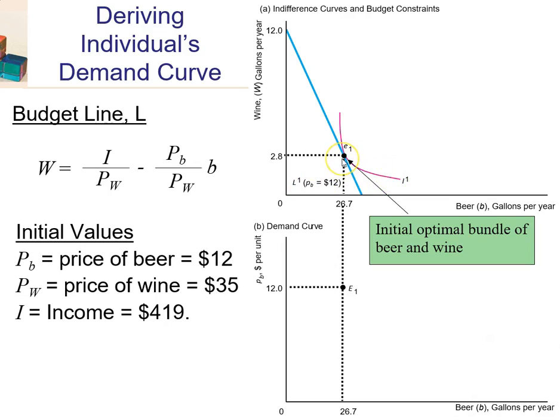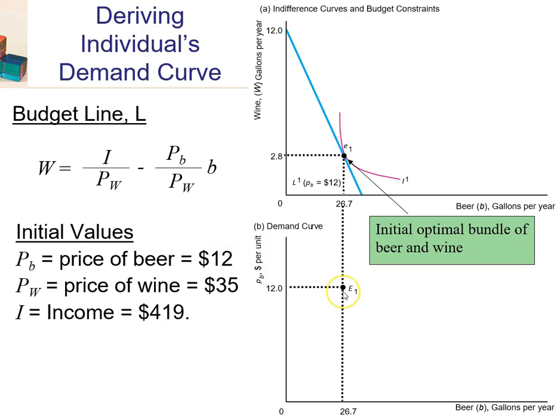This point E1, or bundle E1, which is 2.8 units of wine and 26.7 units of beer, is the optimal bundle for this given price of beer of $12. So this tangency is the optimal bundle.